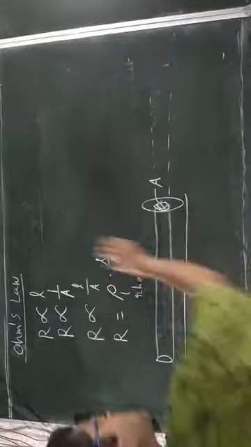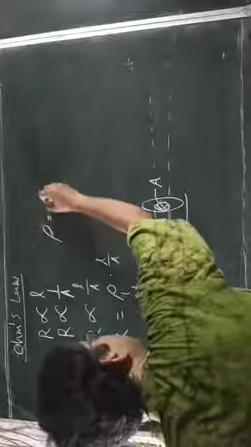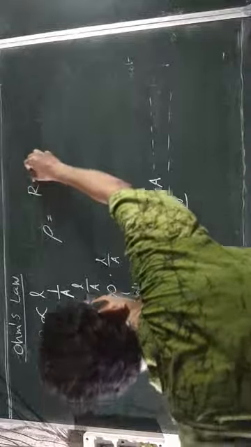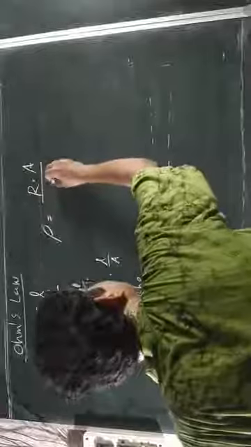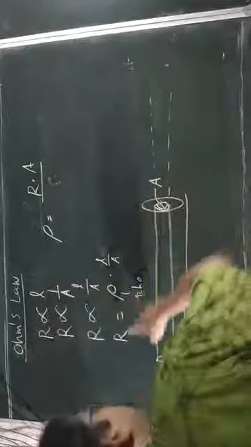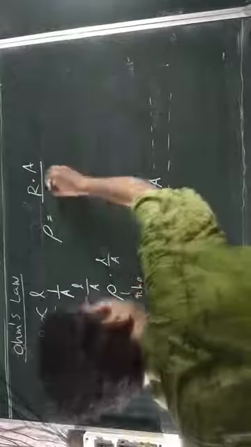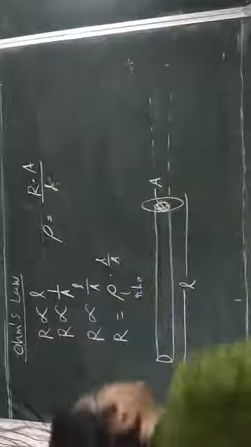From this, rho is equal to R into A, rho is equal to RA by L.